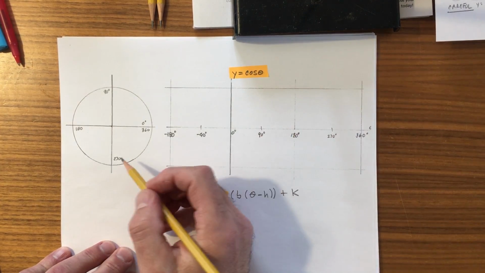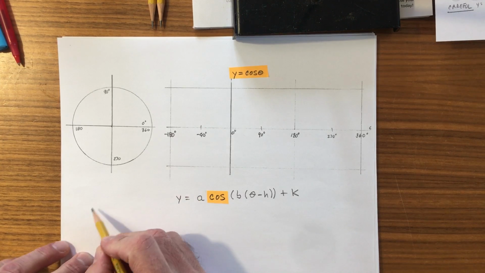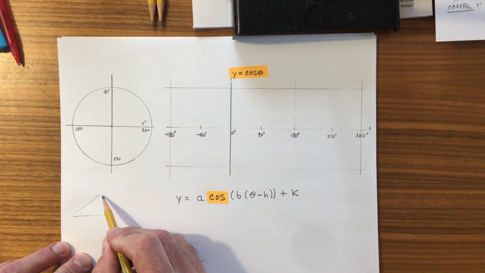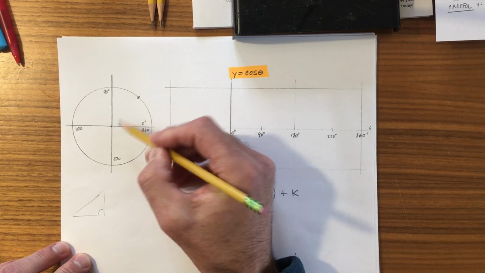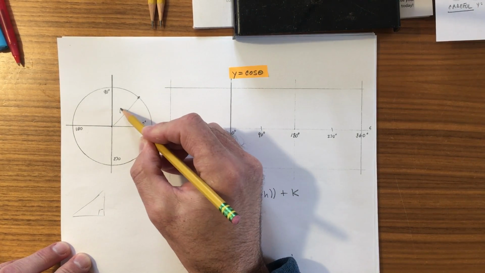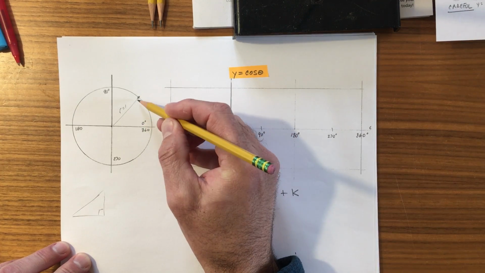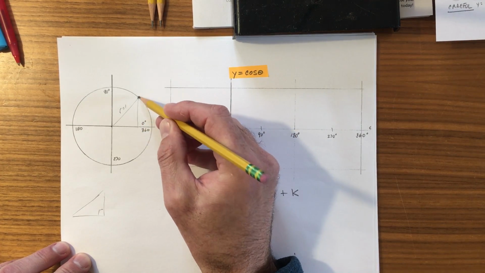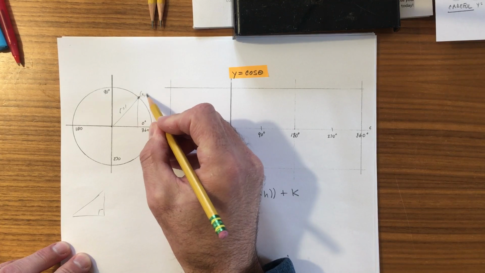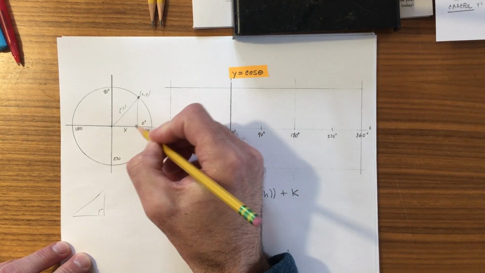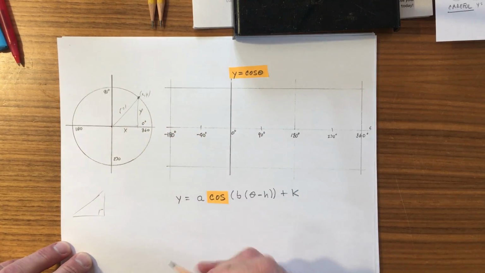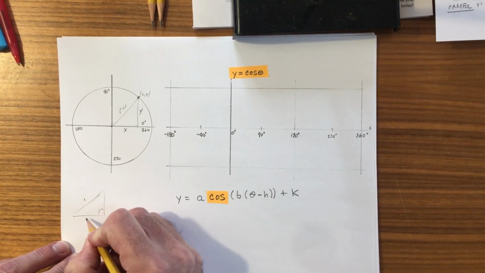You'll remember that when you have a unit circle and you have a point on the circle, the radius is 1, that's like a hypotenuse, and the coordinates of that point, those xy coordinates, are that x leg of the triangle and that y leg of the triangle.